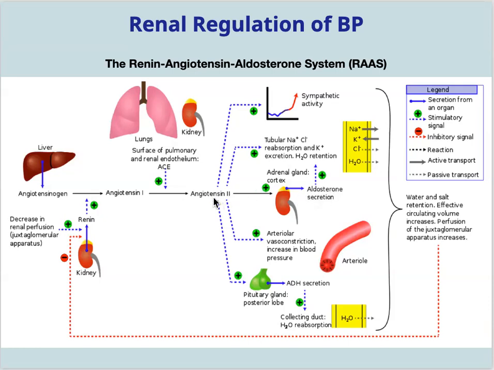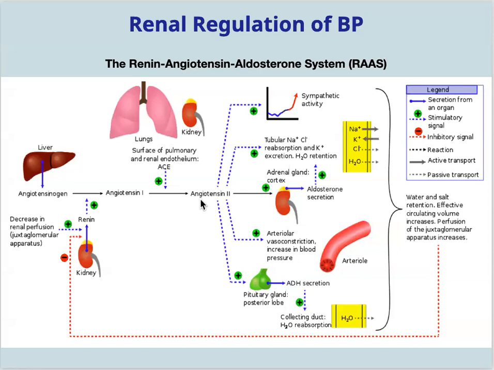Okay, but also notice that angiotensin II has a number of other effects. It increases sympathetic activity, and it also increases arteriolar vasoconstriction, and this in turn helps achieve that resultant increase in blood pressure.